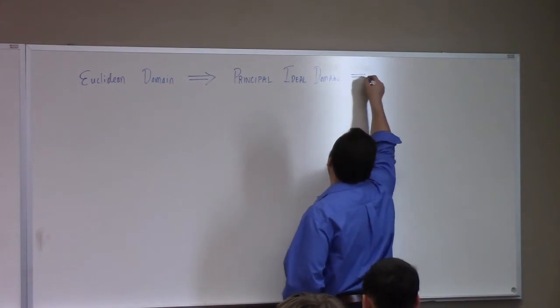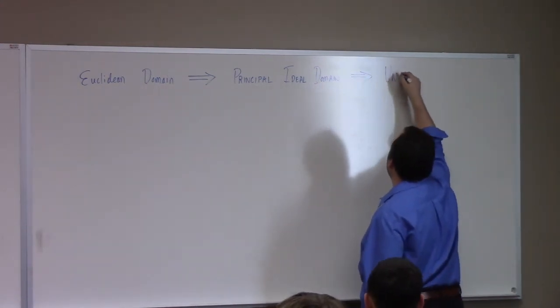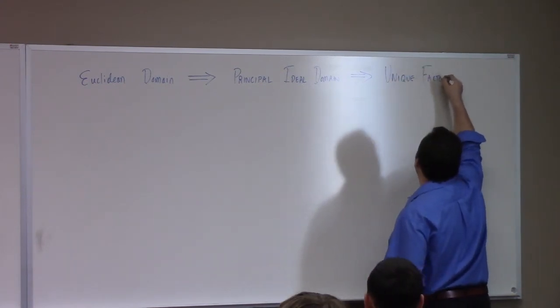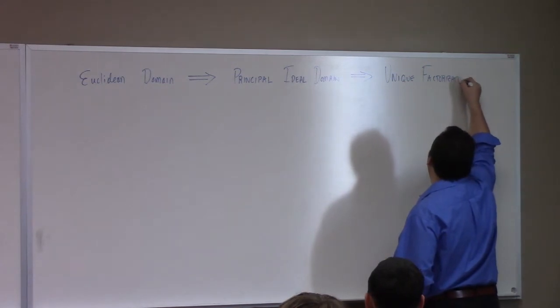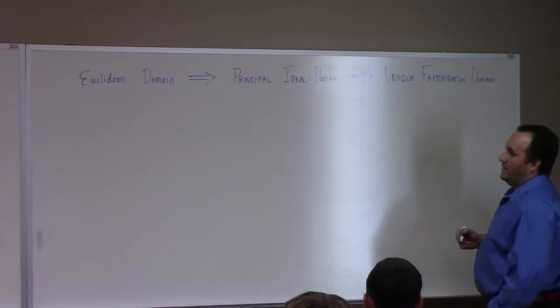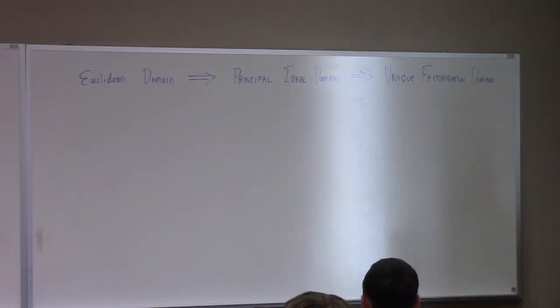Last time, we proved principal ideal domain implies unique factorization domain, right? By the ascending chain condition. So we have this chain of implications. None of them can be reversed, all right?